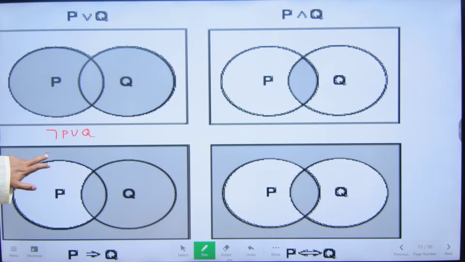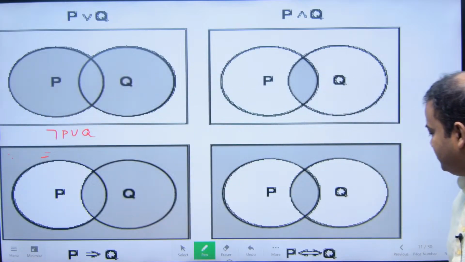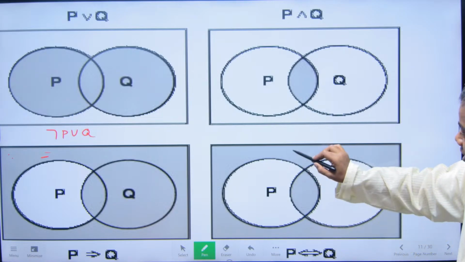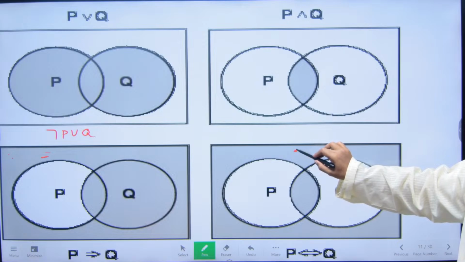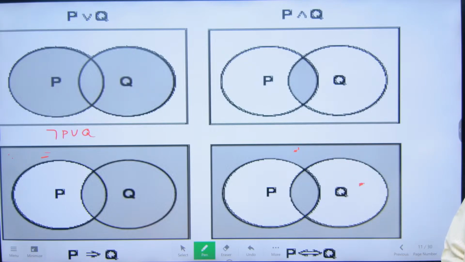This is also shaded. Now come to the biconditional. What is the biconditional? If both are false, here both are false, it is not in P and not in Q, so both are false, then this is true. If both are true, then this is true. Is it clear? Any doubt? Okay.